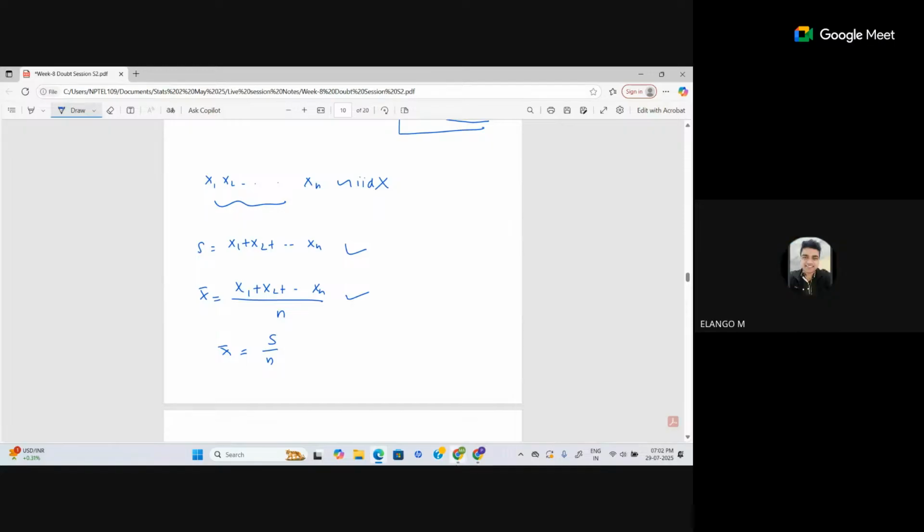Ma'am, sometimes the mean is equal to the original population mean, right? Because the sample size gets increased. Yes, that's what I was saying. No, it's not like that. We are using the central limit theorem, which says that the population distribution can be anything.